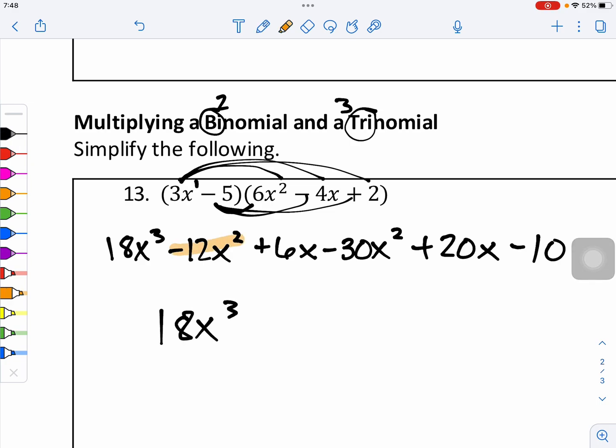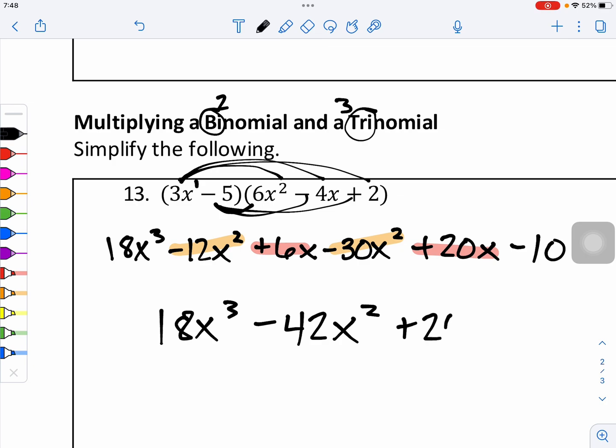Negative 12x squared combines with negative 30x squared, negative 12x squared minus 30x squared is negative 42x squared. Remember, when we add and subtract like terms, the term stays the same, so that x squared stayed the same. And then 6x combines with 20x, both positive, to give me positive 26x.